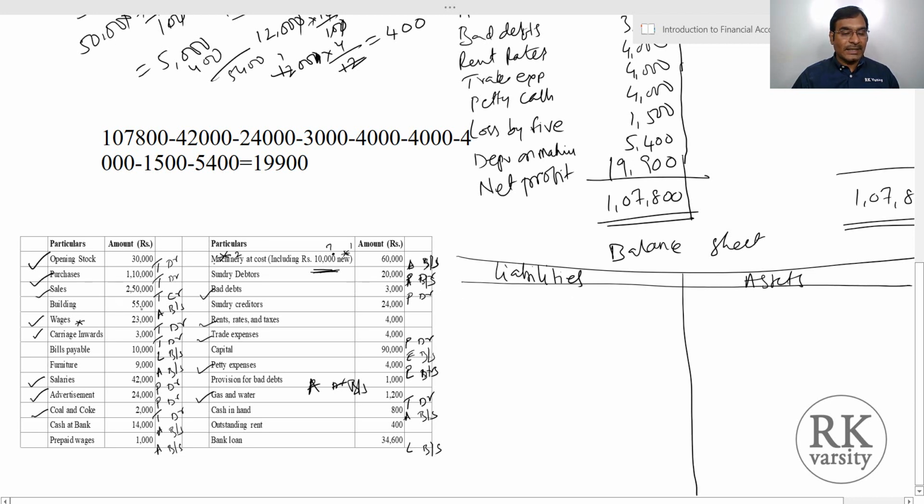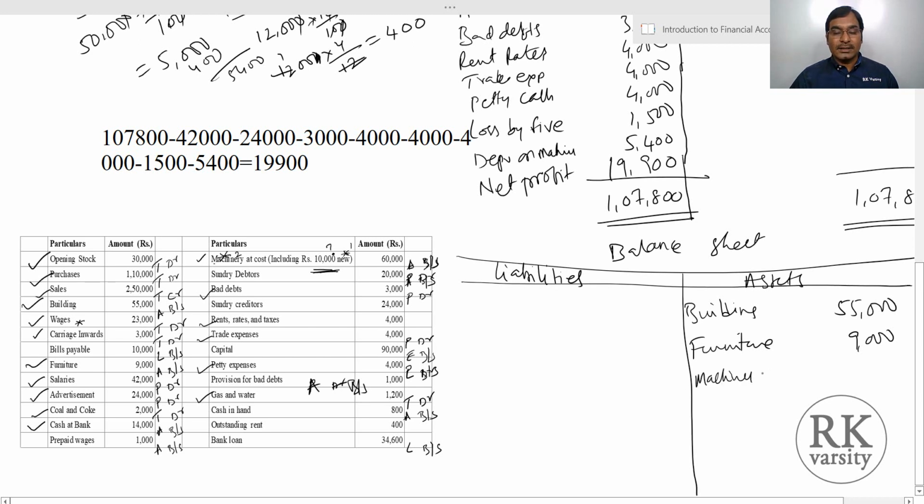So building is an asset in a balance sheet. So we'll write building. What is the value? 55,000. Then furniture is an asset, 9,000.